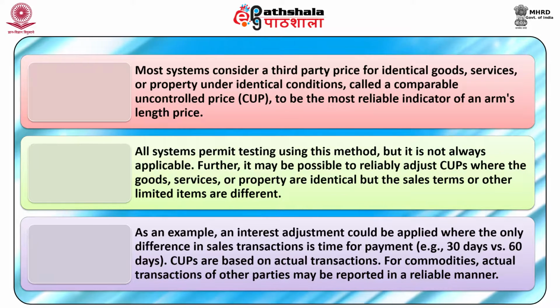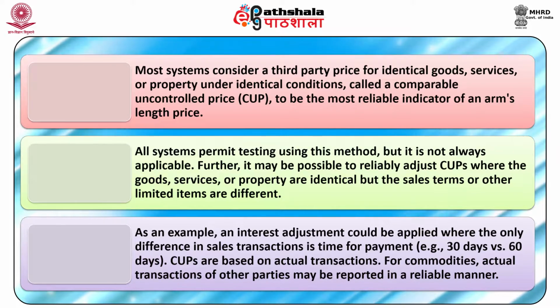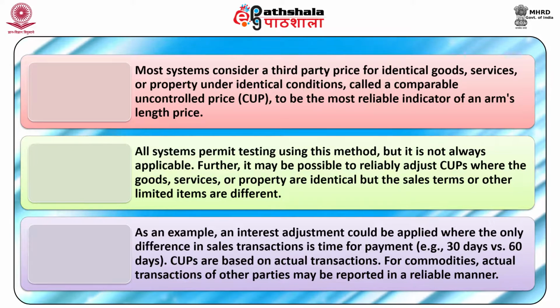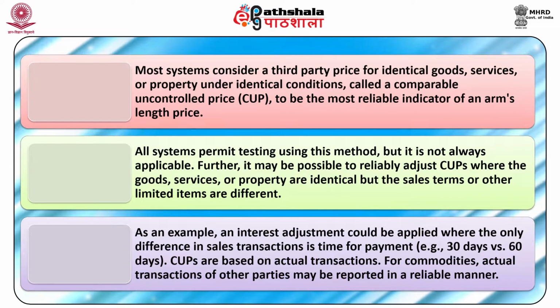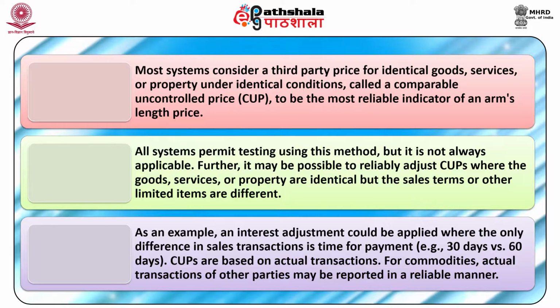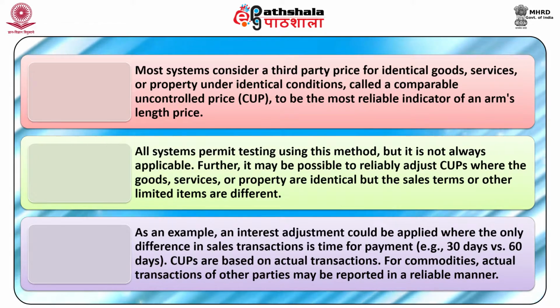Further, it may be possible to reliably adjust CUP when the goods, services, or property are identical, but the sales terms or other limited items are different. As an example, an interest adjustment could be applied where the only difference in the sales transaction is the time for payment.